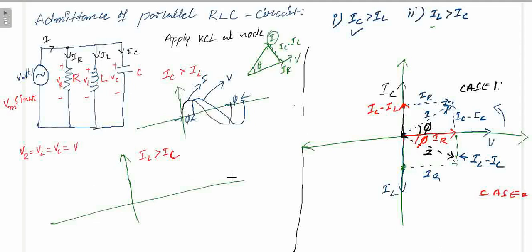For this one, how is the admittance triangle? This is your current triangle. The current triangle is like this. So this is your IR.